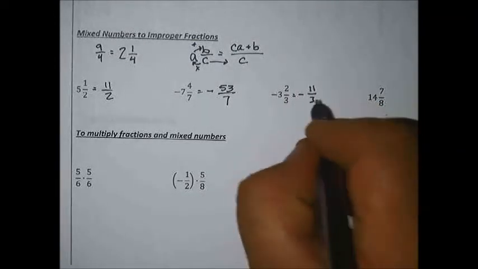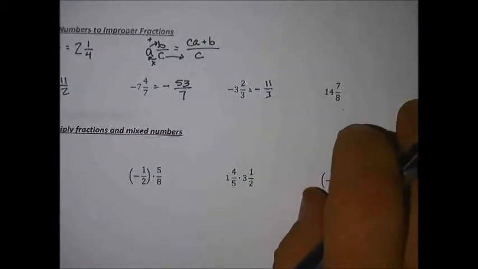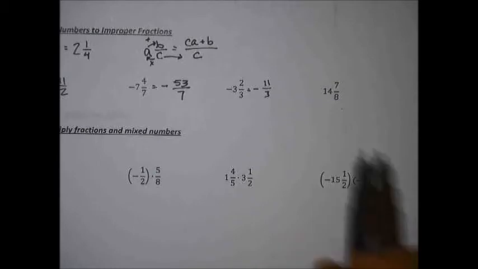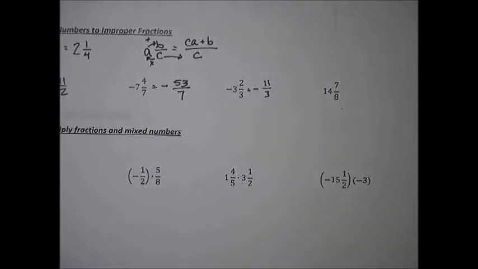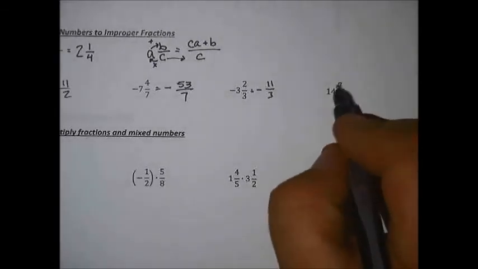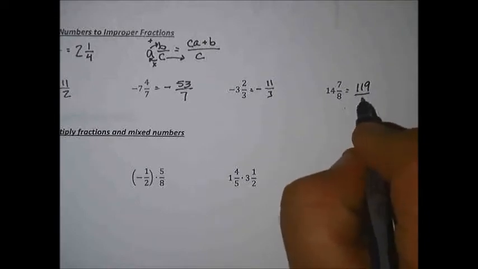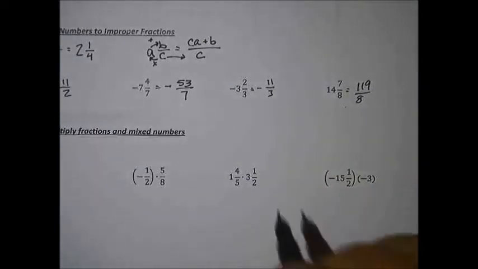So I have 11 thirds. And last one, but not least, wow, 8 times 14 is 112, plus 7 is 119. So 119 over 8 would be what that one is.